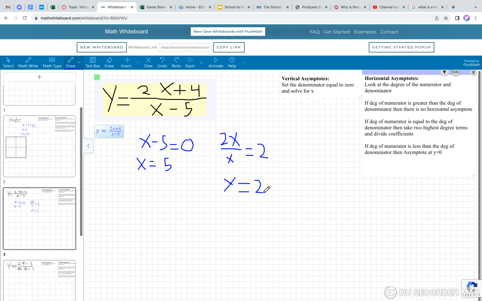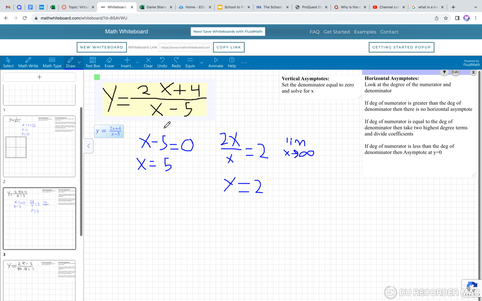Now we want to know why this is. Typically with horizontal asymptotes, if we were doing limit notation, it's the limit as x goes to infinity.